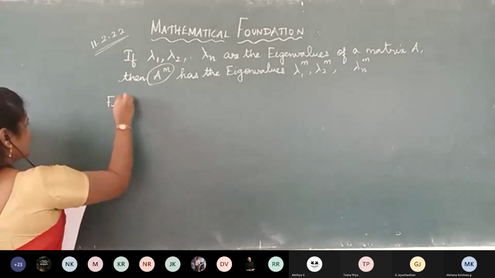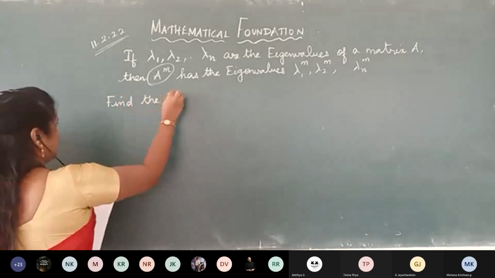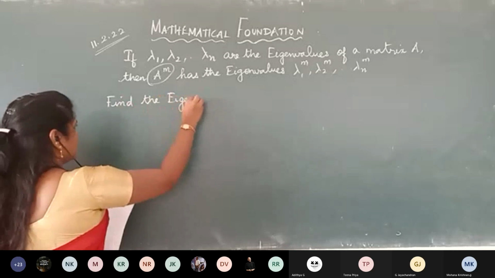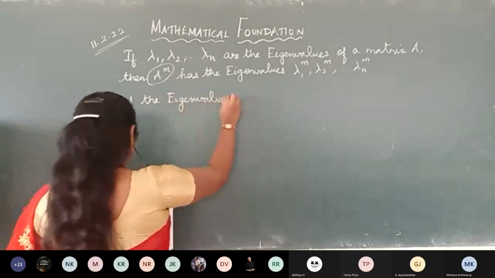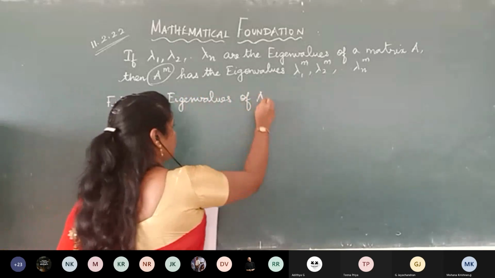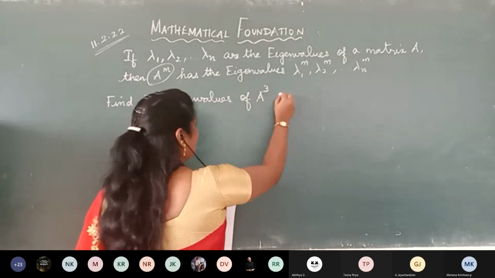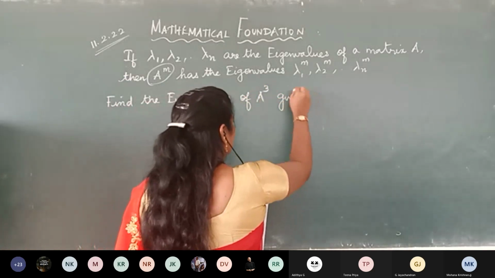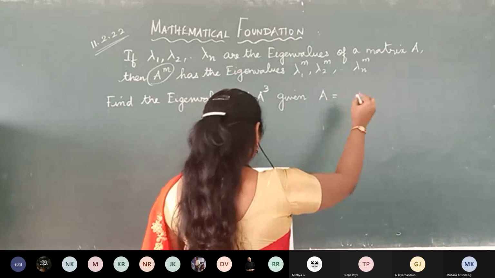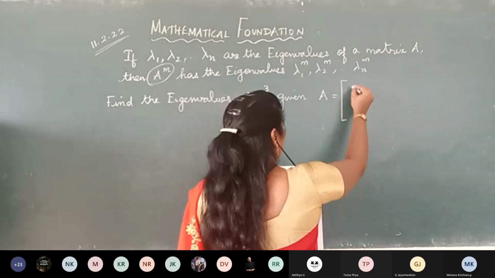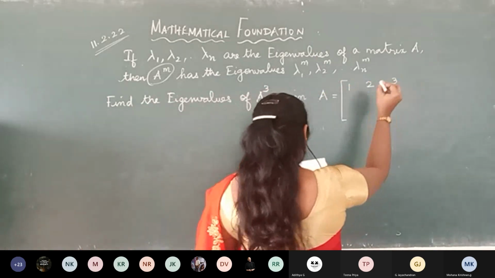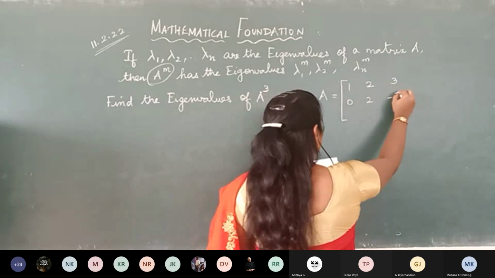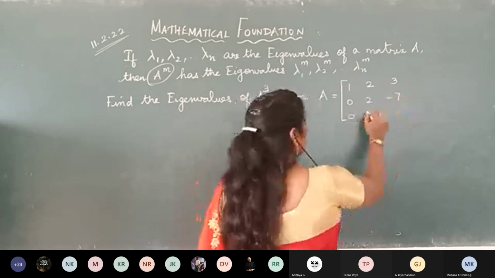Find the eigenvalues of A cube. There was A cube given. They have given a matrix 1, 2, 3, 0, 2, minus 7, 0, 0, 3.